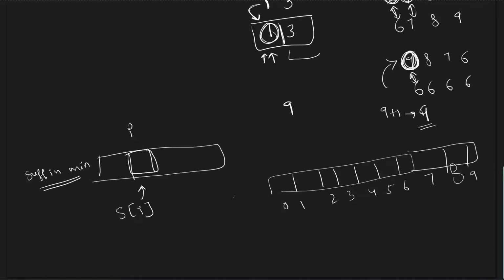So this will be the result vector which will store the frequency of all the digits. So we can just increment plus plus res of s of I. This means that we have to include this particular element in our answer.